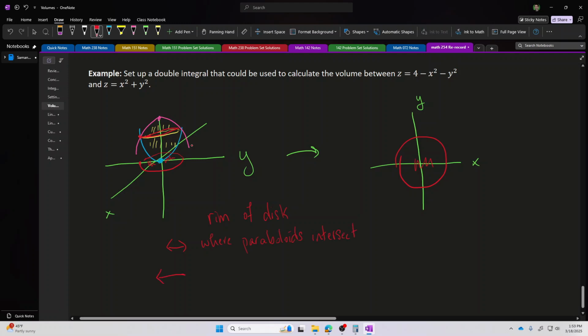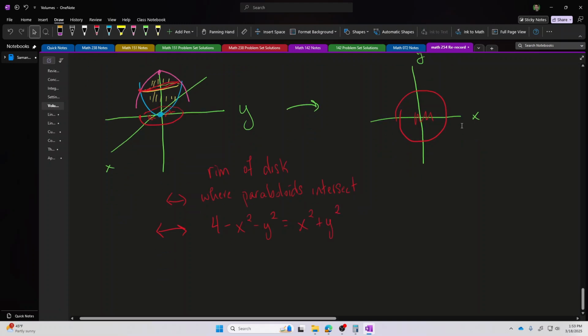So to understand that location where the paraboloids intersect to create this ridge which forms the outer rim of my region R, I'm going to take the equation of the paraboloid that opens down, and I'm going to set it equal to the equation of the paraboloid that opens up.